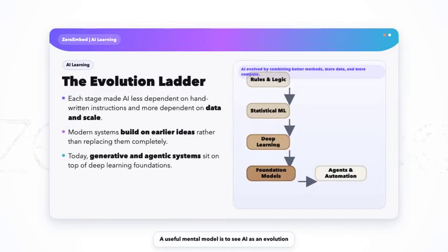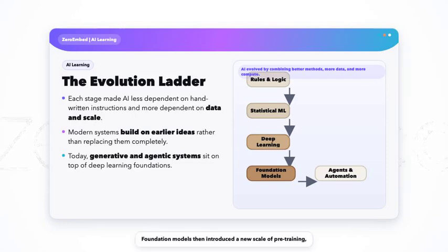A useful mental model is to see AI as an evolution ladder. First came systems driven mostly by rules and symbolic logic. Then came statistical machine learning, where the system learned useful patterns from structured data. After that, deep learning pushed performance higher by using multi-layer neural networks, especially in vision, speech, and language tasks.